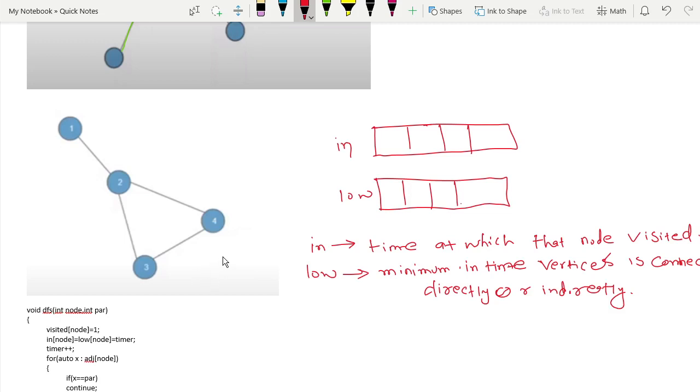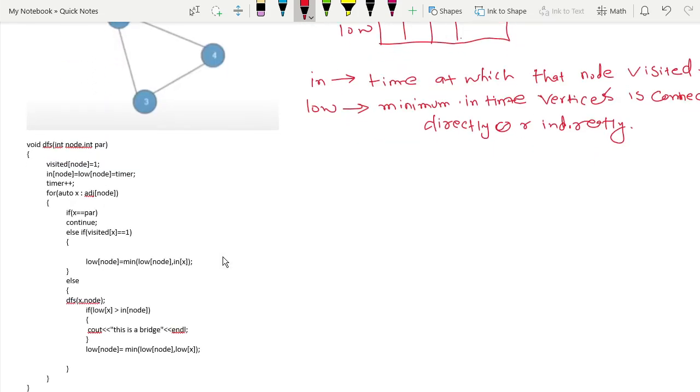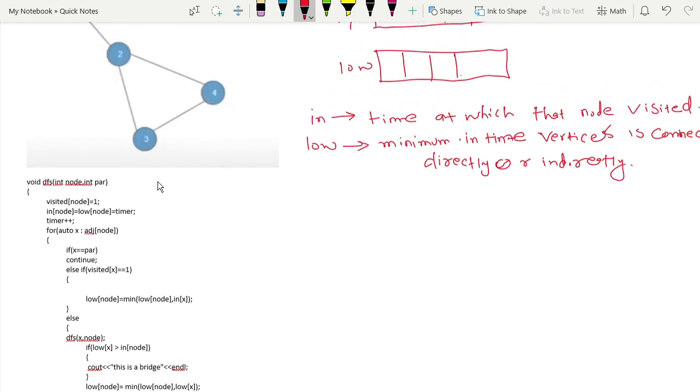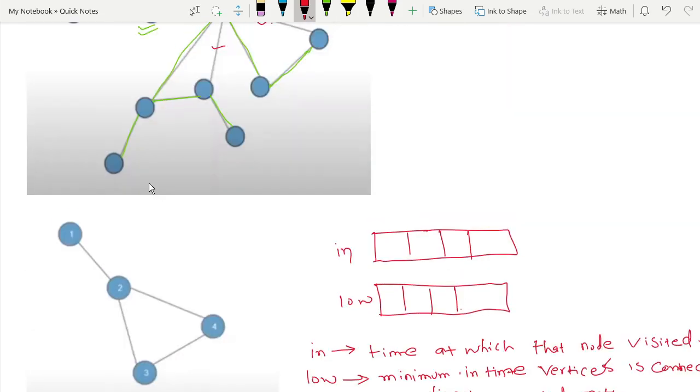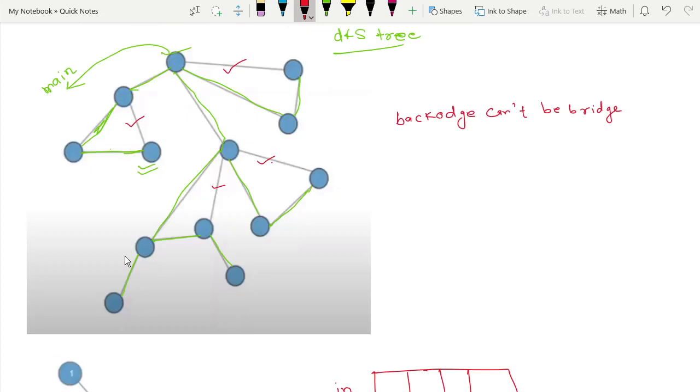How will we store the in time? So in the DFS call, when we traverse any node, there will be three types of nodes that we may traverse. Suppose we are here, and this node started traversing its child.